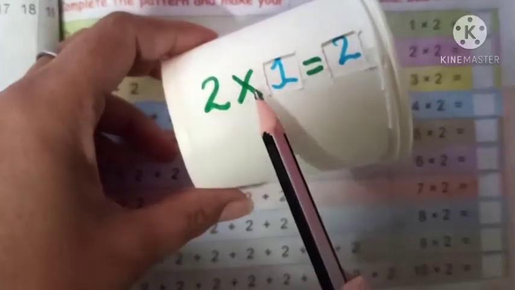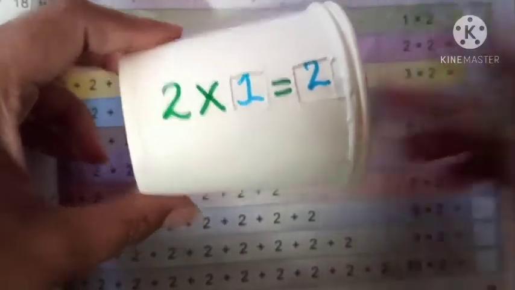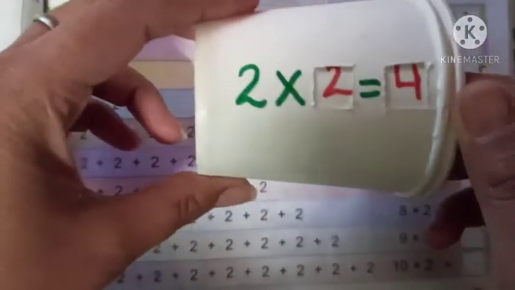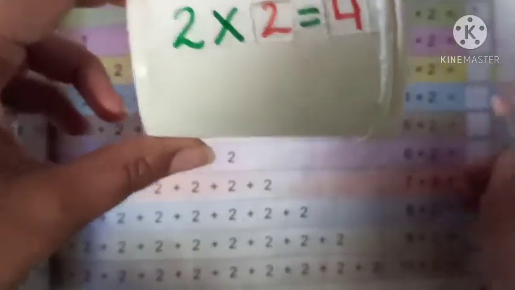So look, 1 times 2 is 2. So let's write 2 here. Now 2 times 2 is 4.